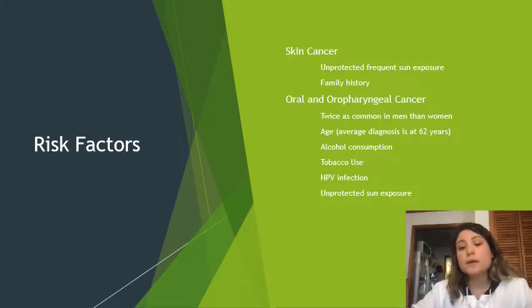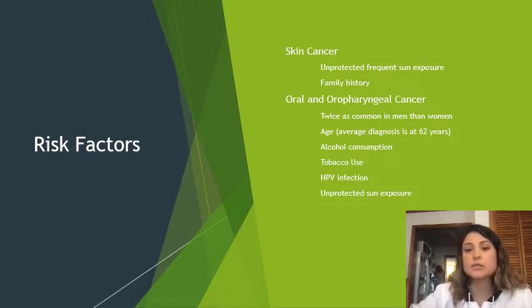Oral and oropharyngeal cancer, the risk factors for these: basically they are twice as common in men than women. So they're more common in men than women. For every one woman that gets it, 2 men will get it. That's a big difference. Age. The average diagnosis of these mouth cancers is at 62 years of age.